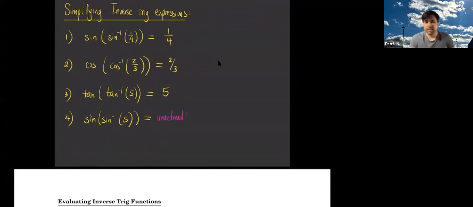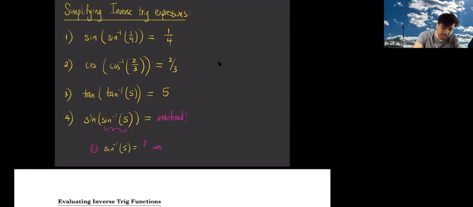And now you may be like, wait, what? Why is it undefined? Well, how do we start this? If we were to do it by ourselves, wouldn't we first evaluate sine inverse of 5? Step 1. But then think about it in the non-inverse way.